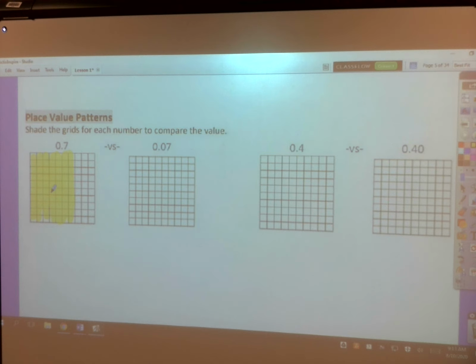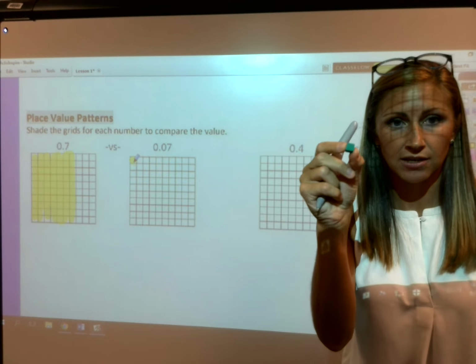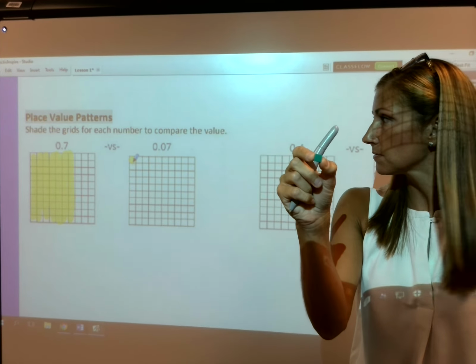Okay. Now, if I have 7 hundredths, I have 1/100th, 1 out of the 100. So it's 7 of those units I will shade in. So 7/10 is 7 rods, and then 7/100 is 7 units.